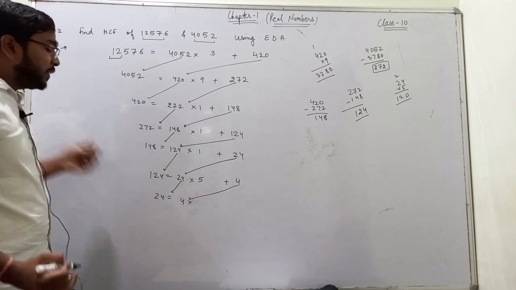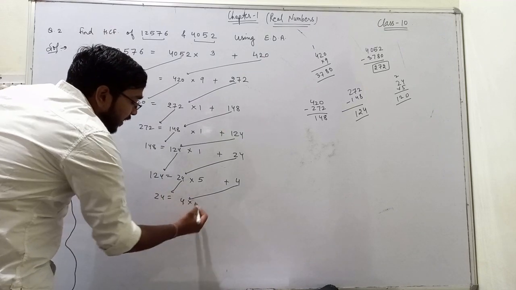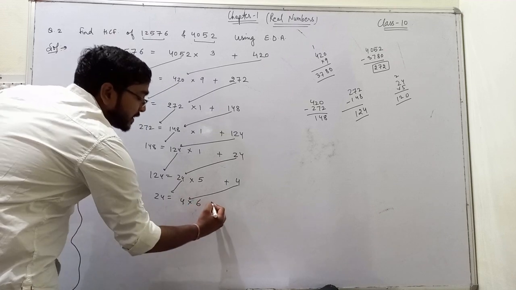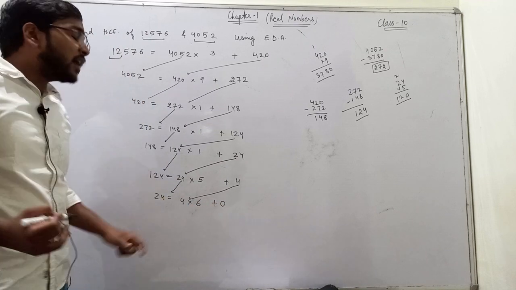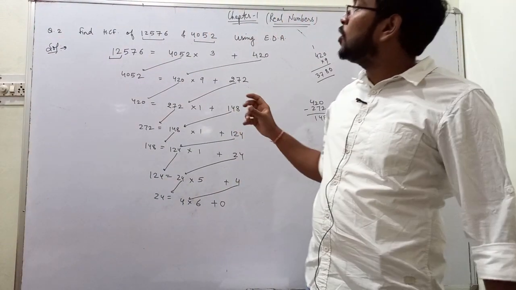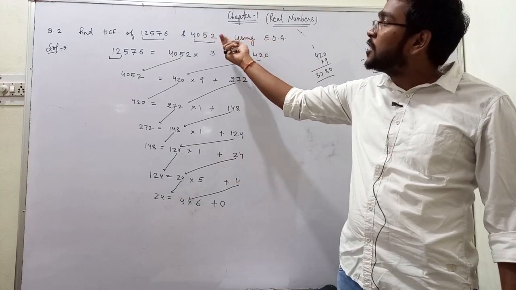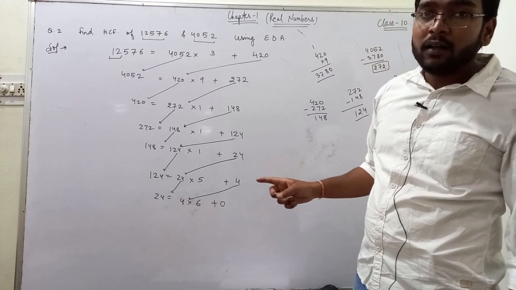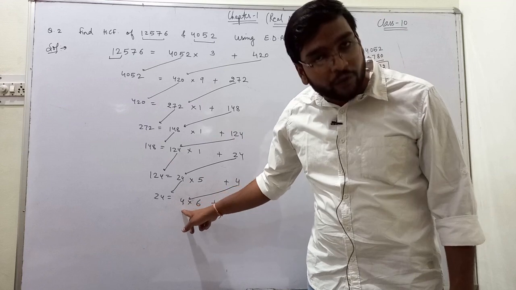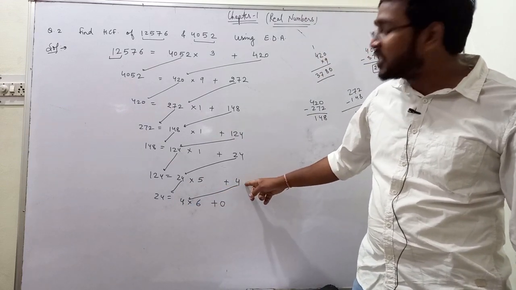Now I can see that 24 is completely divisible by 4. So if I multiply 4 by 6, the quotient is 6 and the remainder is 0. In the last step, the remainder is 0. So as we stated in the Euclid division algorithm, the HCF or the greatest common divisor of these two numbers will be either the divisor in the last step, that was 4, or the remainder in the second last step, that is 4 again.